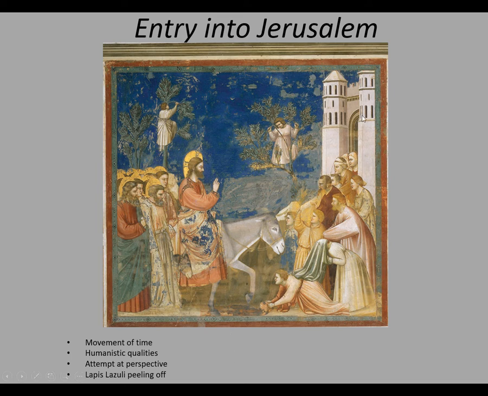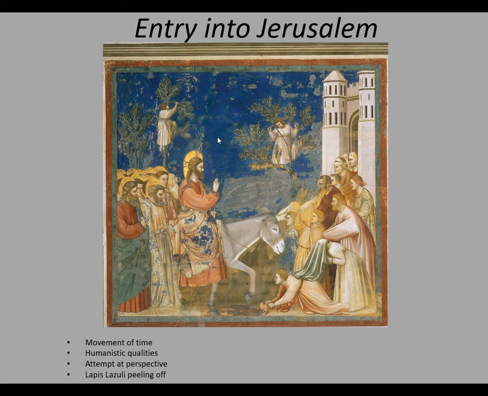And he is attempting perspective with all these angles here. And here's the word lapis lazuli, which is a very precious blue stone that comes from the East, Turkey and beyond. It's also called ultramarine because it refers to the idea that they're from over the sea.